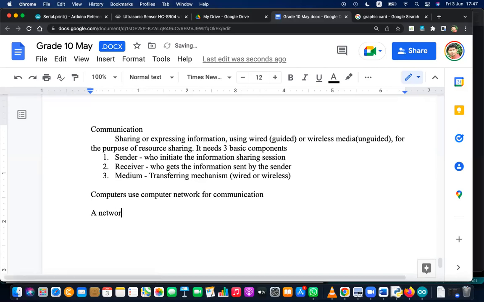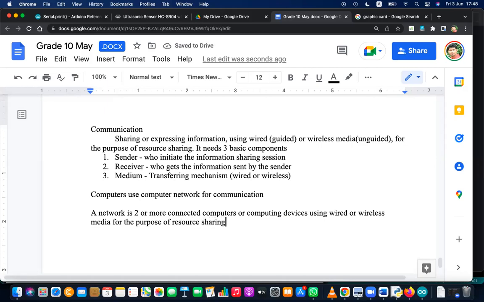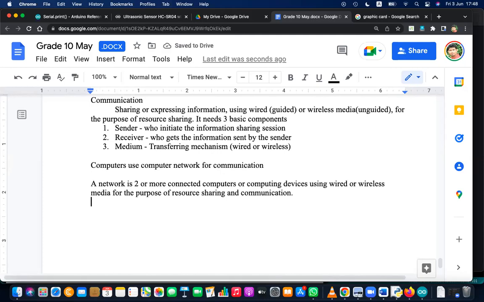A network is two or more connected computers or computing devices using wired or wireless media for the purpose of resource sharing and communication. Okay, please write down up to here.